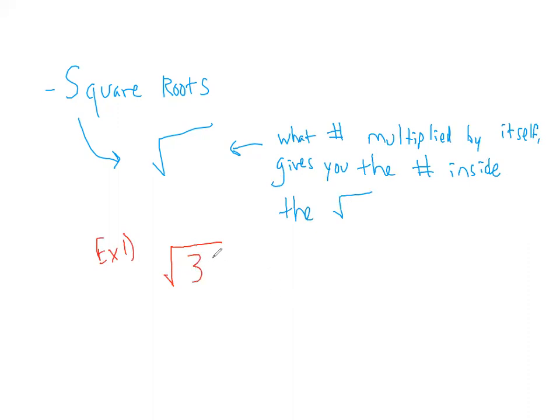If I take the square root of 36, that means if I go by my definition, what number multiplied by itself will give me the number inside the square root, 36? And that answer would be 6, right, guys? So that means the square root of 36 equals 6, because 6 times 6 is 36. Okay? That's what square root is in general.